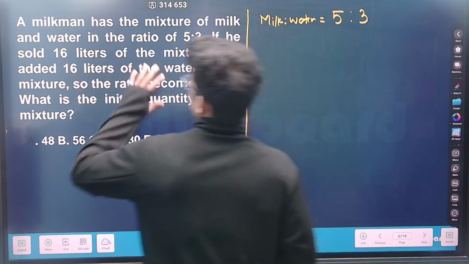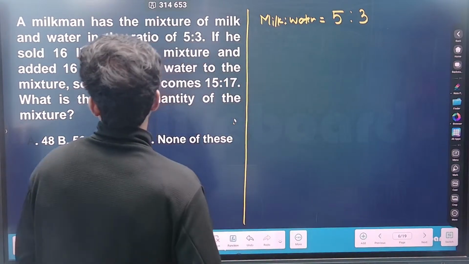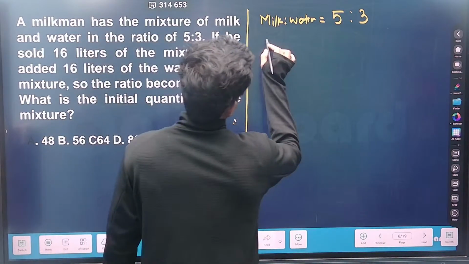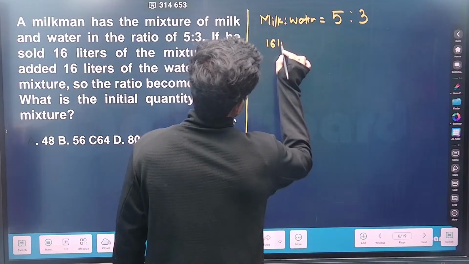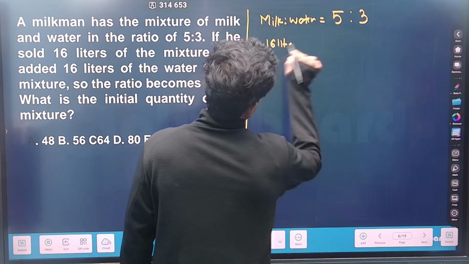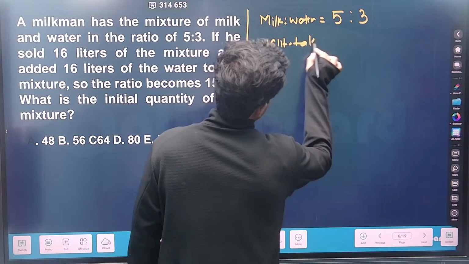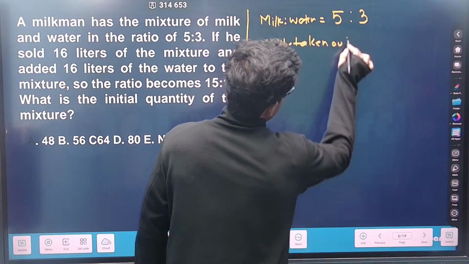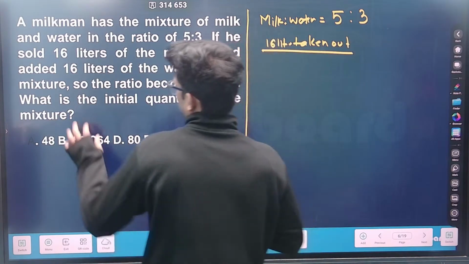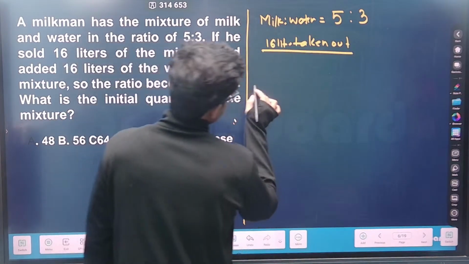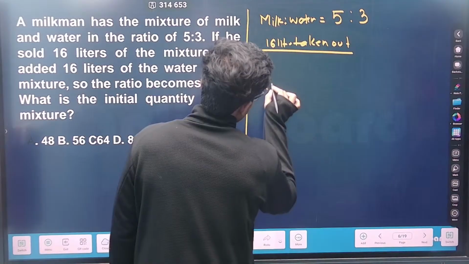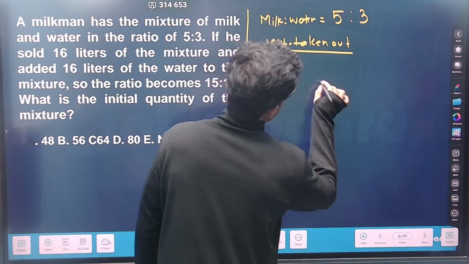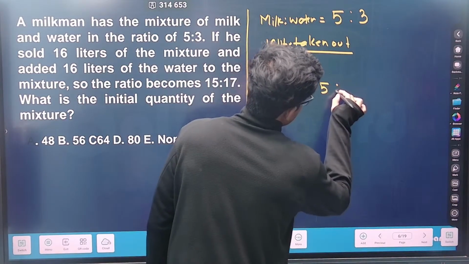Now they are saying that 16 liters of the mixture is taken out. This is given, 16 liters taken out. Now if 16 liters is taken out, again the proportion will remain the same. Then the ratio of milk to water will again remain 5:3. Fine?